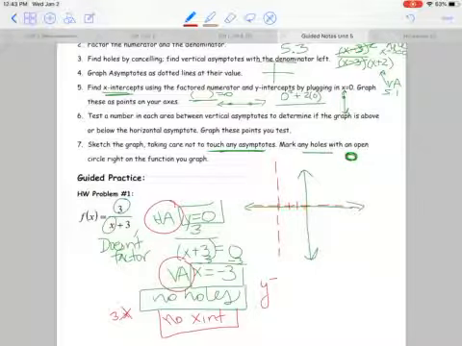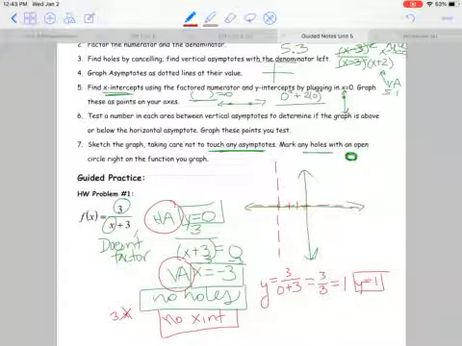So we have y equals 3 over 0 plus 3, which equals 3 over 3, which is 1. So y equals 1 is our y-intercept. So if you go over here, we know there's a point right here. And we know it's not going to touch the x-intercept.